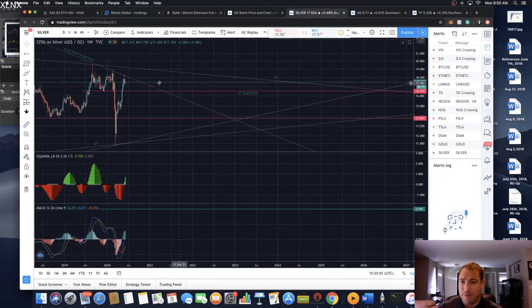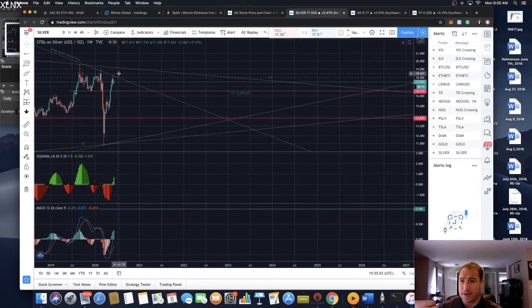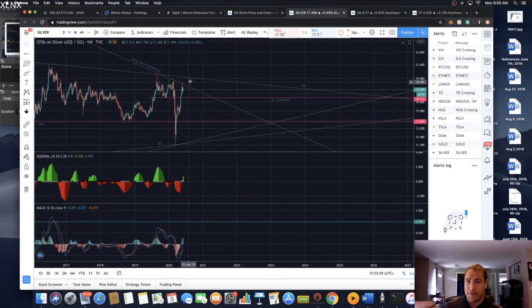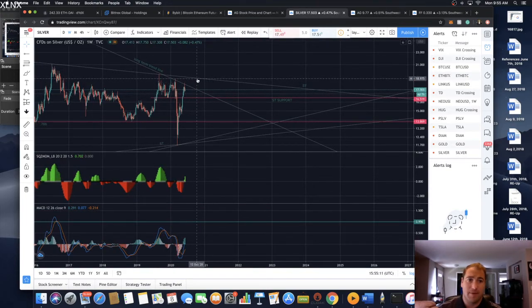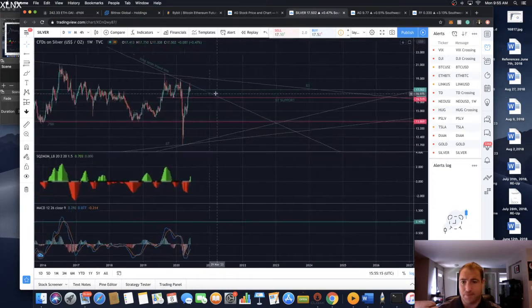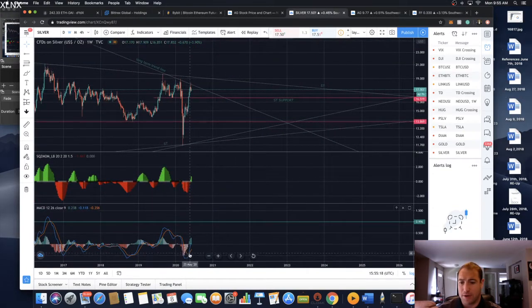If we could break through this and close above it, I would suspect that it would be a really bullish indicator to me, and especially if we could get above, let's say, this one right here. And that's what I see here. So long term, or in a week-to-week sense, I don't think we're quite done moving up, but will we have to come down briefly, or will we pause for a second?